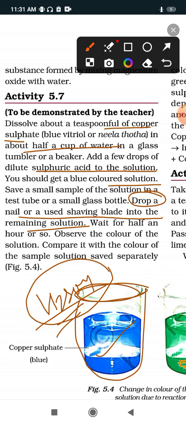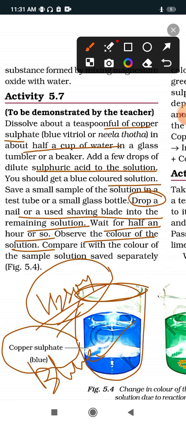Wait for half an hour. Observe the color of the solution. First it was blue in color, then it becomes green. Because here iron replaced copper, since iron is more reactive than copper in the reactivity series.